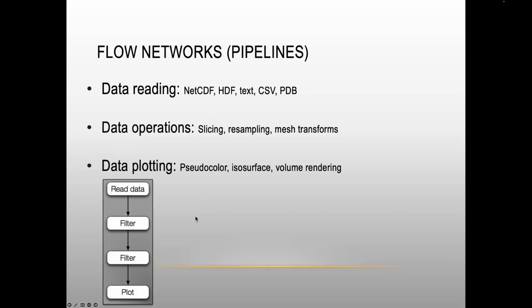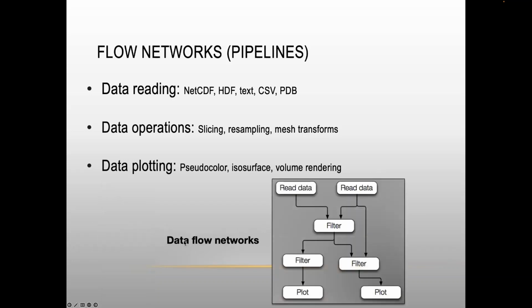And why this is meaningful is, so here is your usual pipeline. You read the data, filter the data, and plot it. A fairly linear way of working with things. But if your software is structured in a different way, where you can read data from different pieces, combine them together using a filter, and then split them apart and do some plotting or analysis in different ways, this gives you a lot of flexibility to do your analysis.